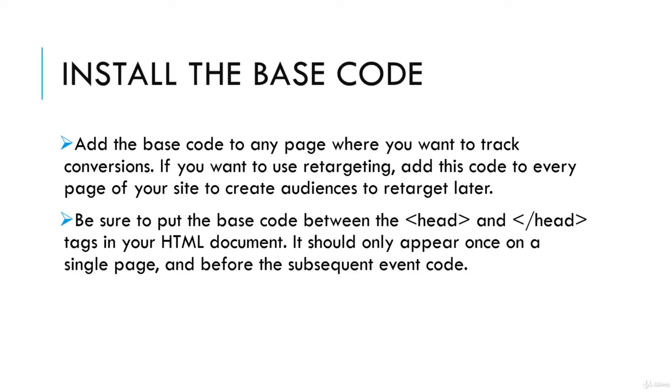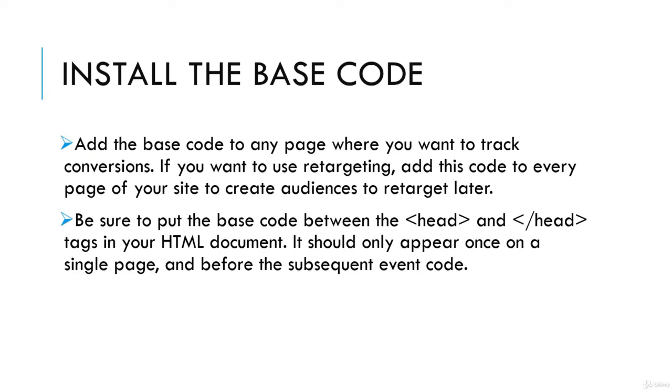If you want to really make use of Pinterest audiences and use retargeting and target specific URLs and specific events on your website, you need to add this code to every page of your website. So to do this, install your base code within the header of your website. This is between the head and the closing head tag in your specific HTML document.